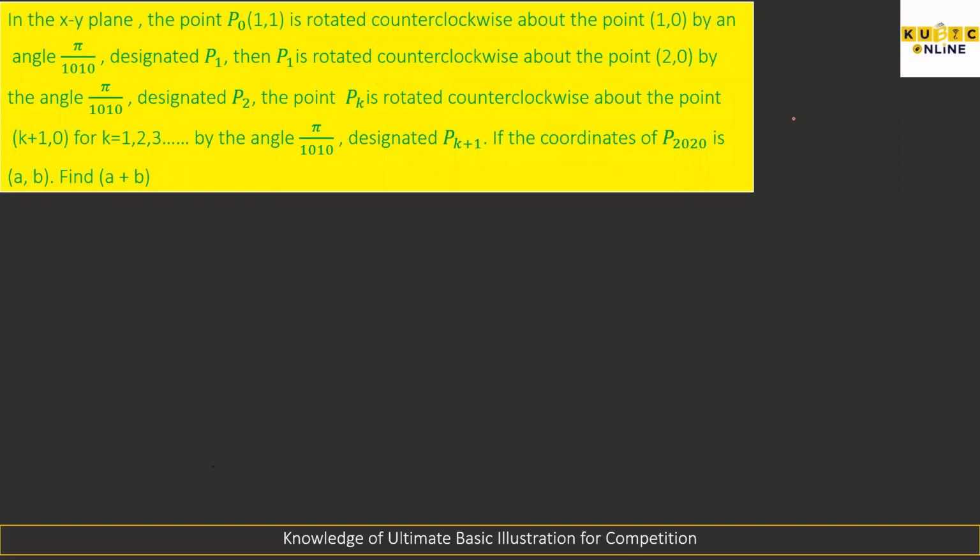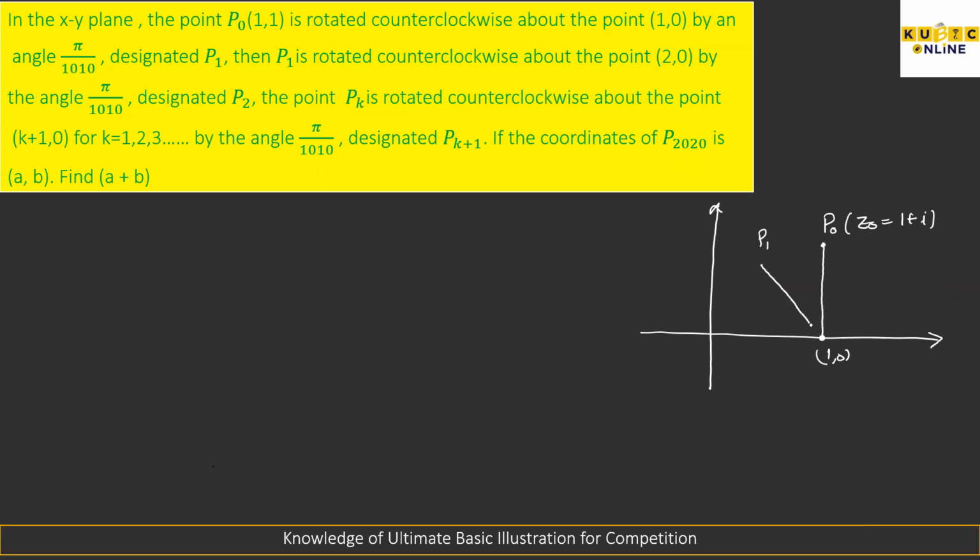So let's begin. Now we have this Argand plane, and let us assume that the complex number associated with point P0 is Z0, and this Z0 is 1 plus iota. This point is (1, 0), and now we have to get the point P1.